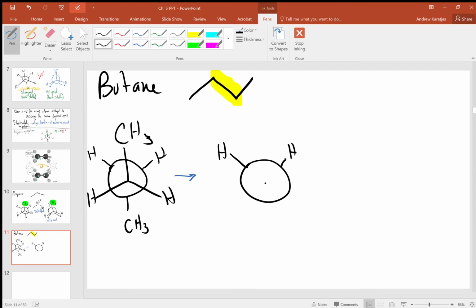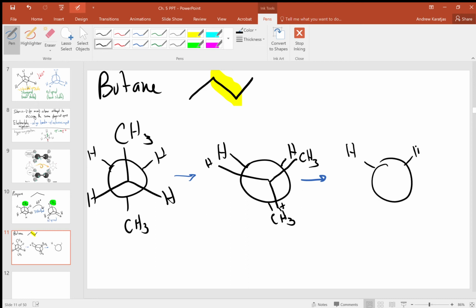Now you'll notice every time we rotate 60 degrees, if we started in a staggered, that takes us to eclipsed. If we start with eclipsed and we rotate 60 degrees, we end up with staggered. So notice, even though this is another staggered, this staggered conformation is not equivalent to the one we started with.